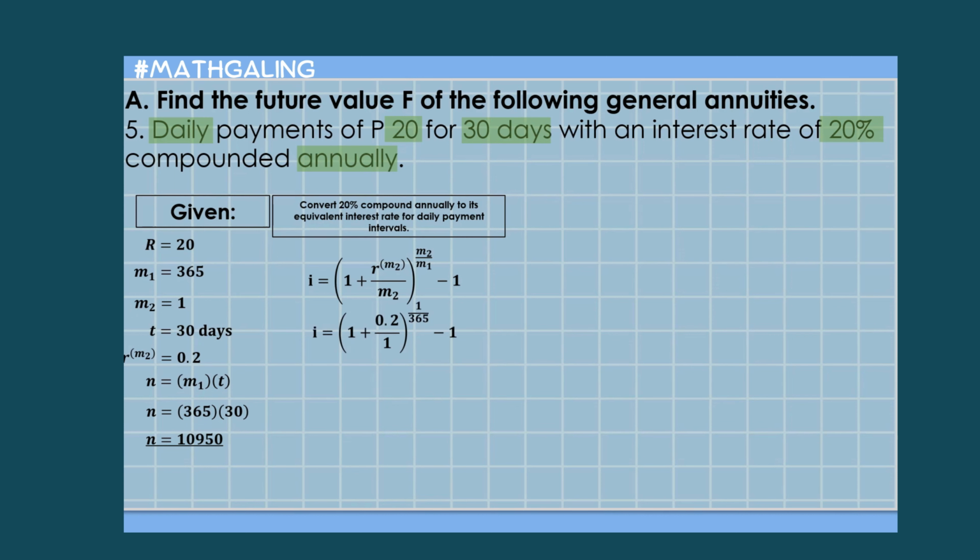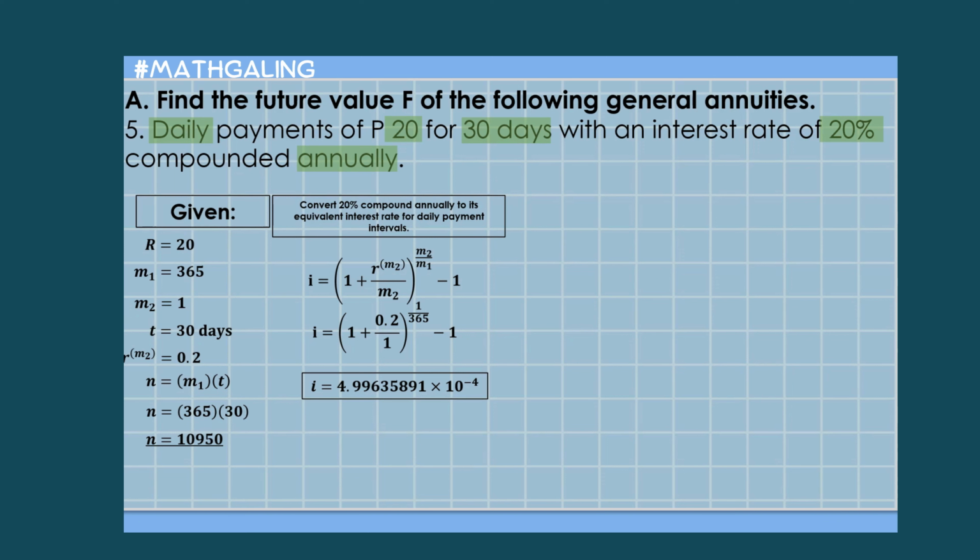So convert it, and now it is 1 plus 0.2 over 1 raised to the power of 1 over 365 minus 1. So the answer is 4.9963589 times 10 raised to the power of negative 4.